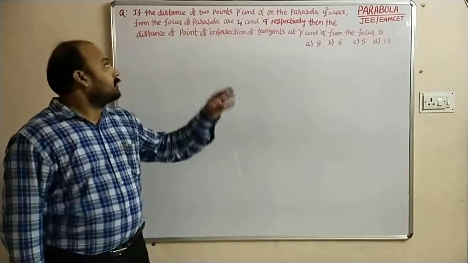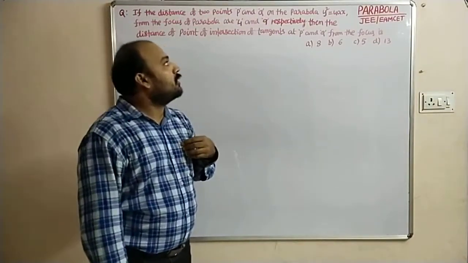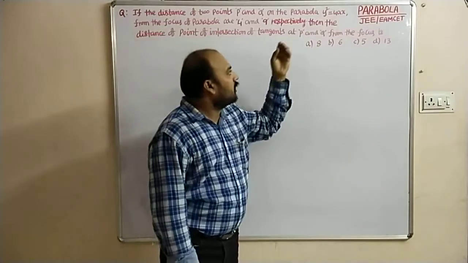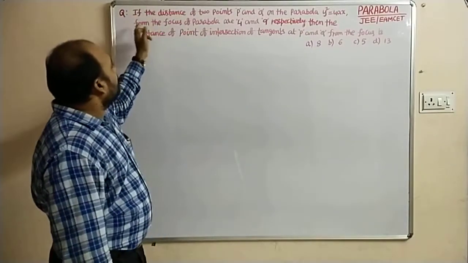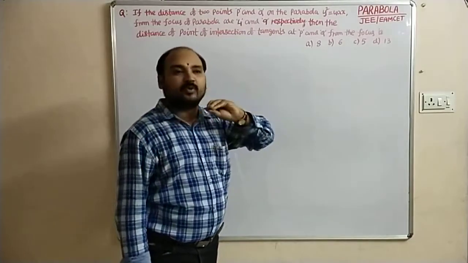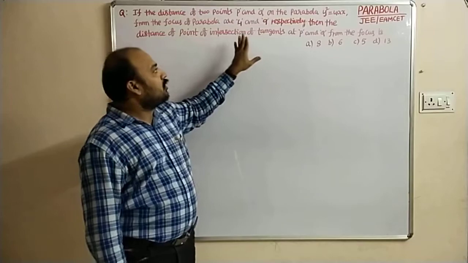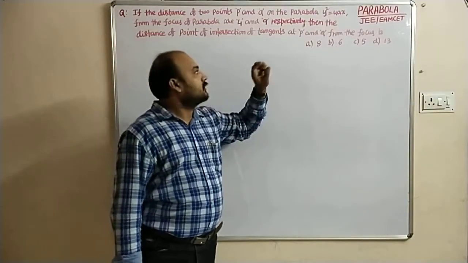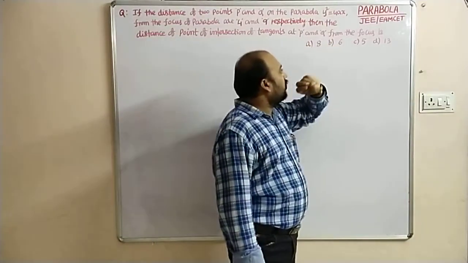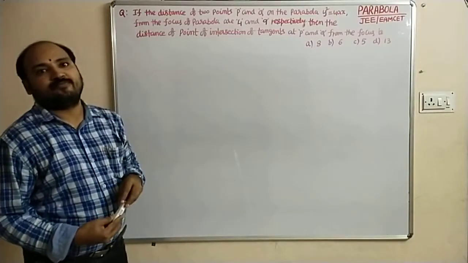The next question. If the distance of 2 points P and Q on the parabola y square equal to 4x from the focus of parabola are 4 and 9 respectively, then the distance of point of intersection of tangents at P and Q from the focus is.